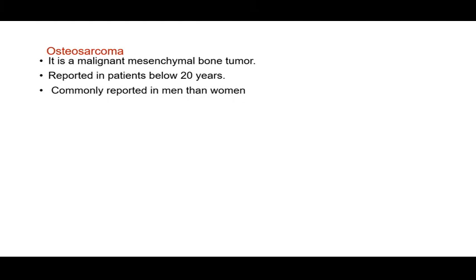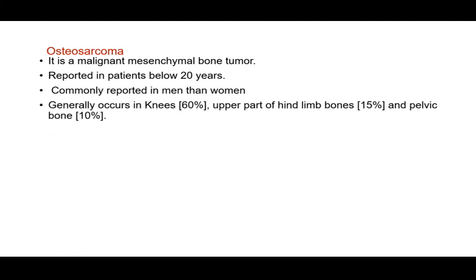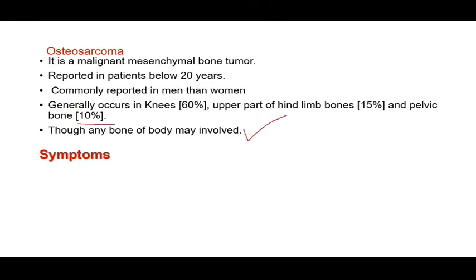It is more commonly reported in men, 1.6, than women, 1. The frequency of osteosarcoma is about 60% in the knees, 15% in the upper parts of the hind limbs and pelvic bones, and 10% in the upper part of the humerus, though any bone of the body may be involved.